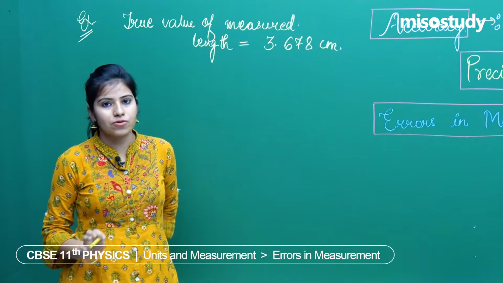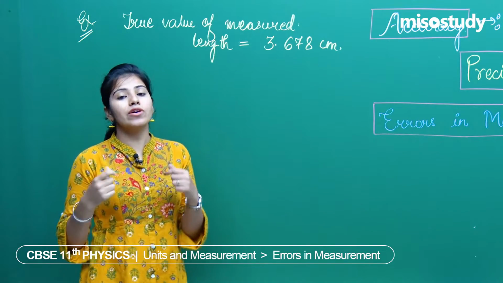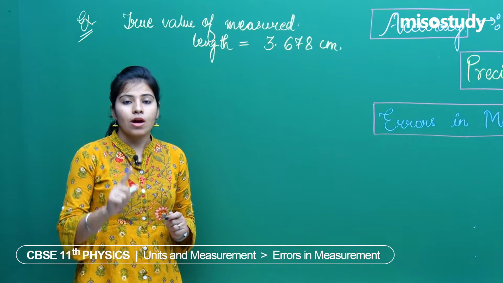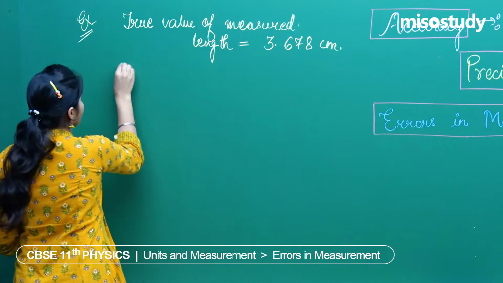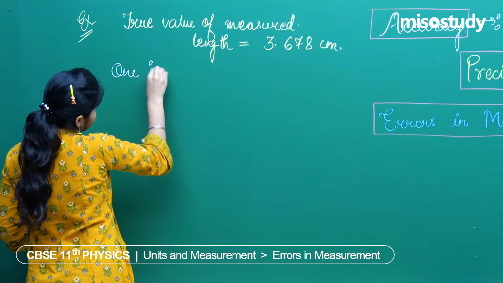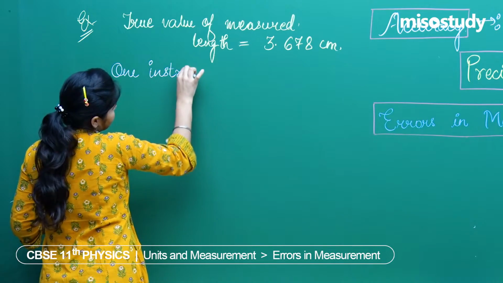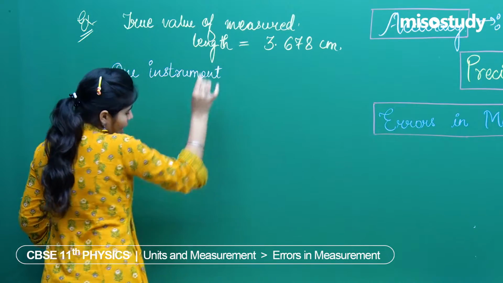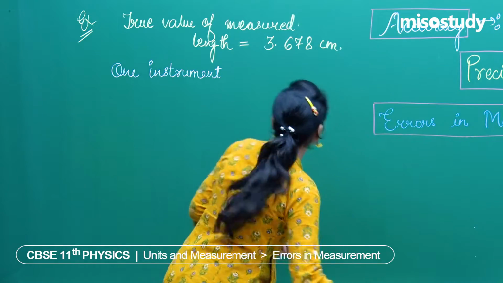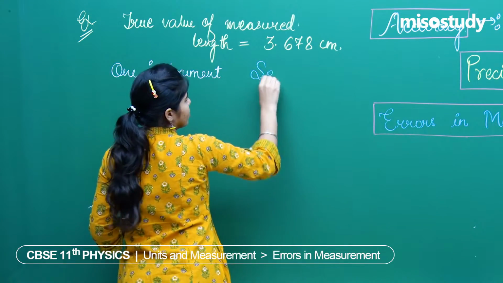Suppose I have this much value. Now I have two instruments with me, one with one precision and the second instrument.